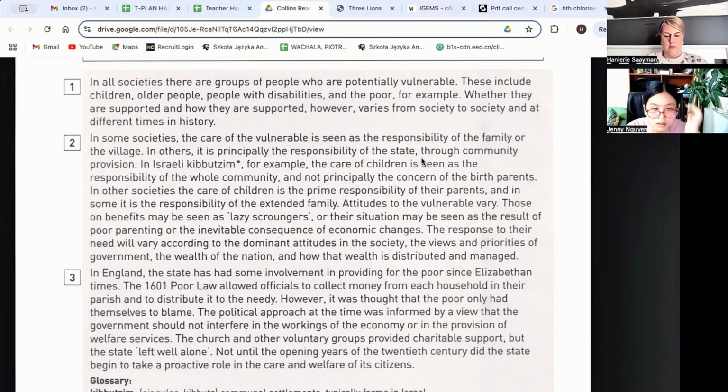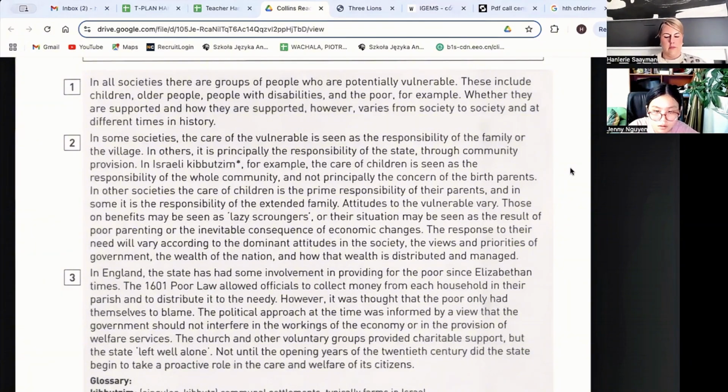In others, it is principally the responsibility of the state through community provision. In Israeli kibbutzim, for example, the care of children is seen as a responsibility of the whole community and not principally the concern of the parents. In some, it is the responsibility of the extended family.